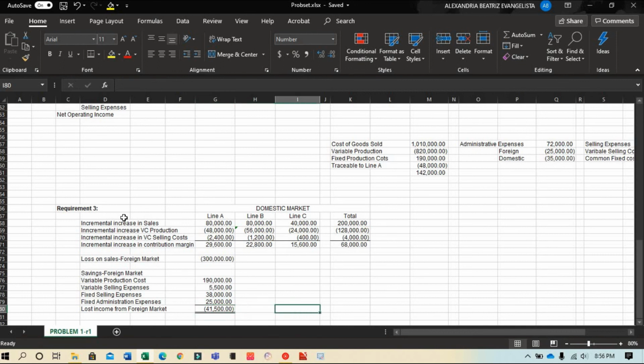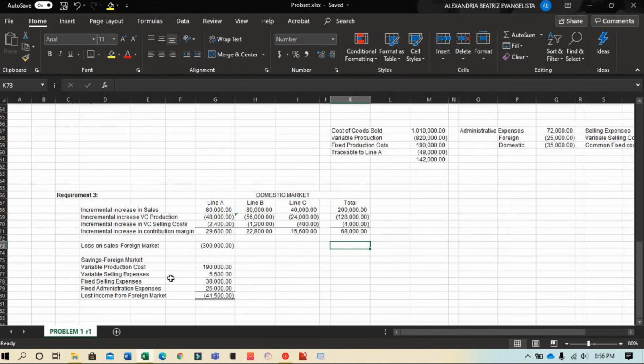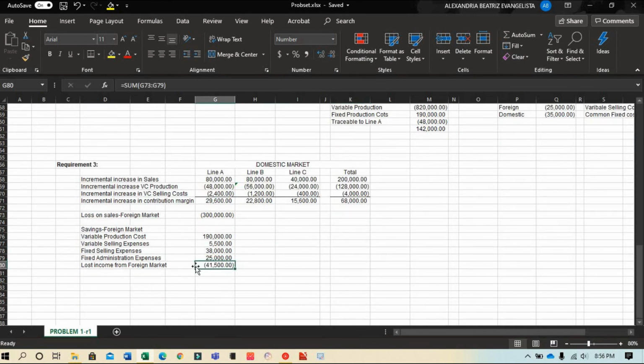Now we know how much is our loss from closing the foreign market. So now we could identify if it's better off to drop the foreign market.